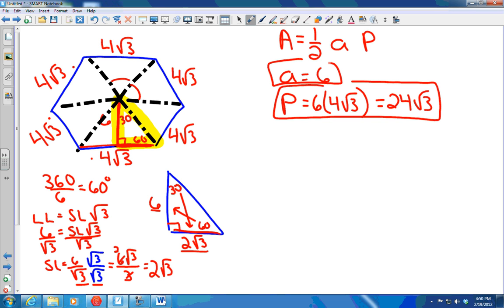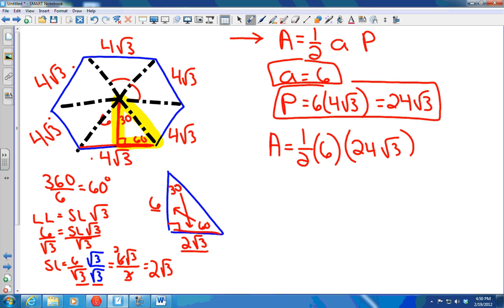I know my apothem is 6, and I'm ready to plug them into my formula. Area equals 1/2 apothem, 6, times perimeter, 24 times the square root of 3. I know that 1/2 of 6 is 3, so I got 3 times 24 times the square root of 3.